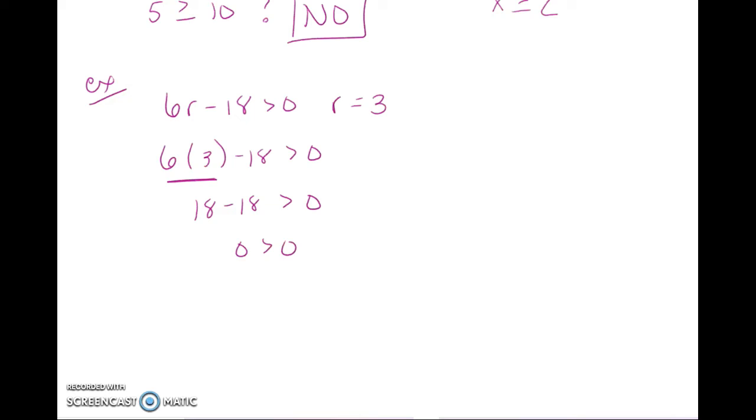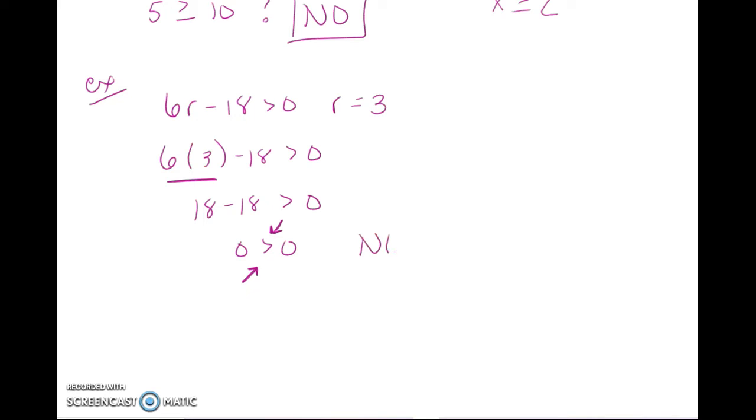Now, be very careful. A lot of students will be tempted to say, yes, this is true. They are the same on both sides. But this sign is not an equal to sign. And notice it is specifically missing the bar on the bottom, which would denote an equal to sign. So we would strictly read 0 is greater than 0.